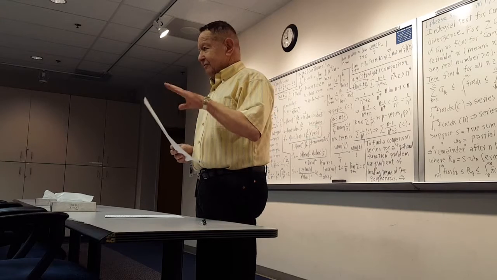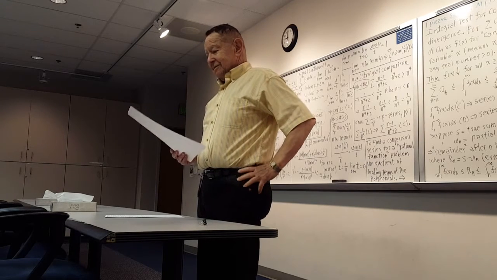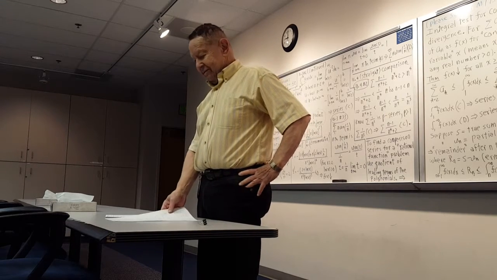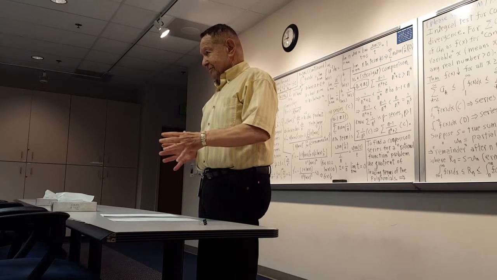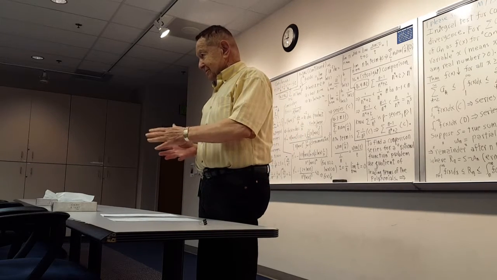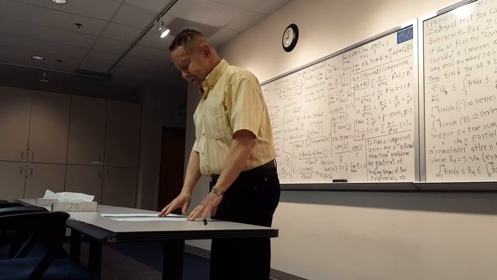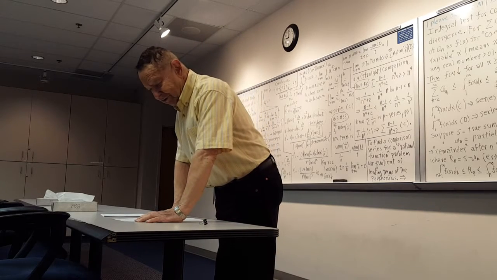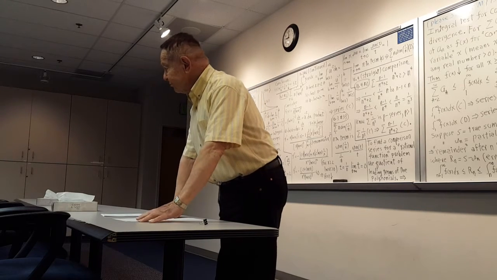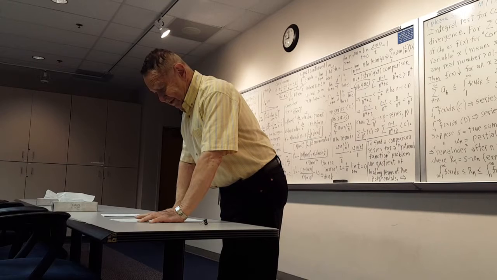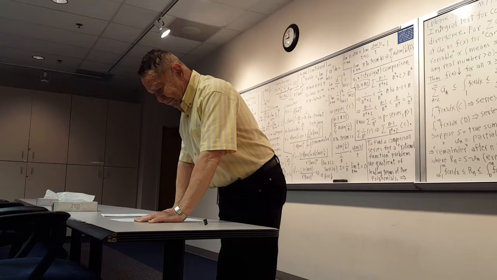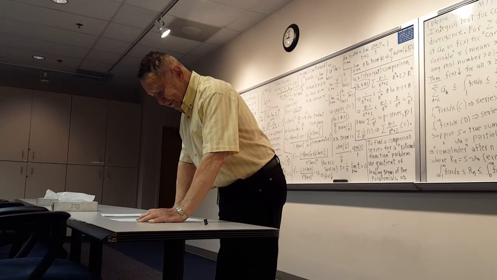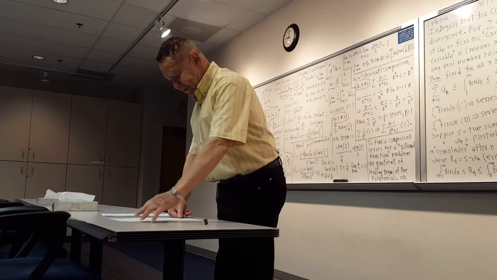So, you see how these tests are listed here. The first thing you do is the nth term test, because if your nth term limit is not 0, it diverges. Okay? But that's all that proves. It doesn't prove convergence. Then you have the comparison test and limit comparison test.